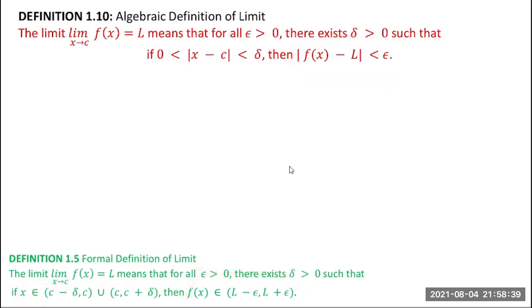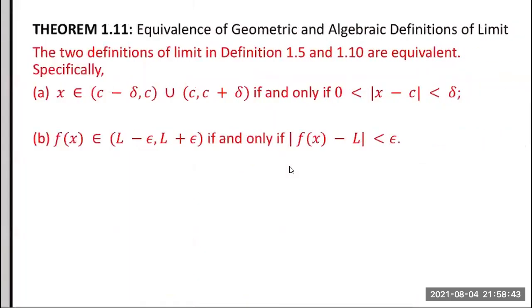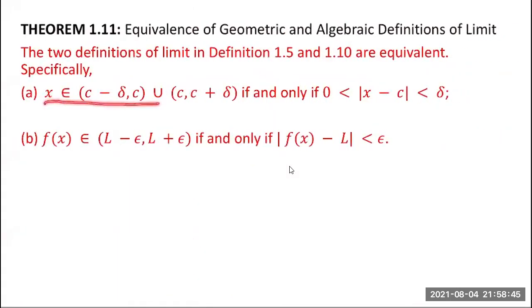Well, the next theorem formally states that these two definitions are equivalent this way. Saying x is in this punctured interval is true if and only if the absolute value of x minus c is greater than 0 and less than delta. Saying this is the same as saying this.